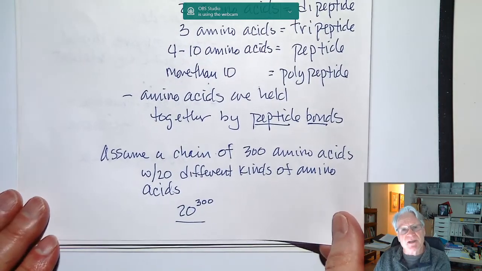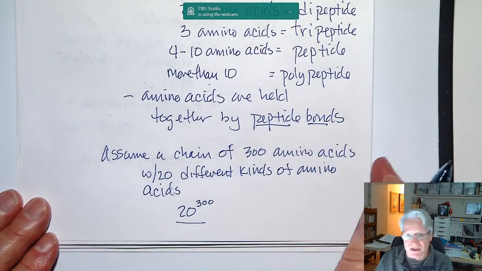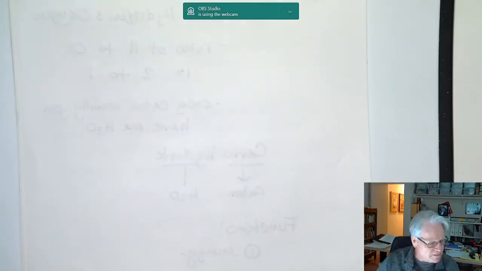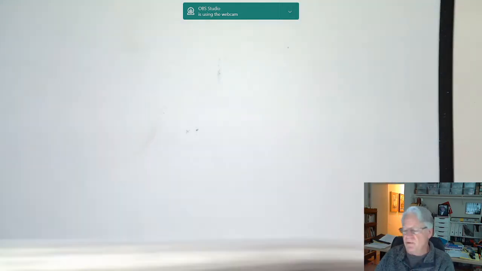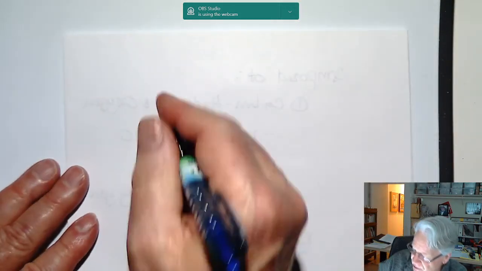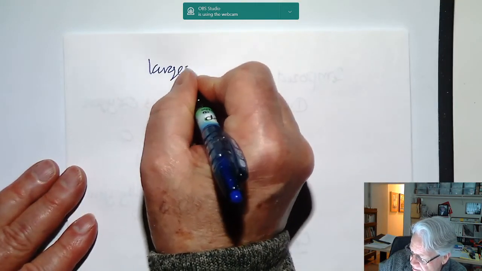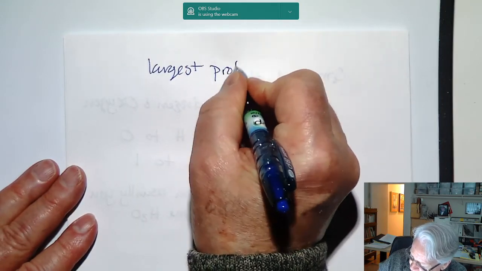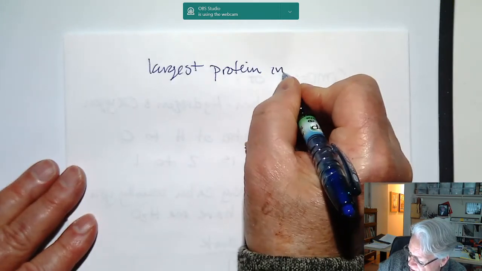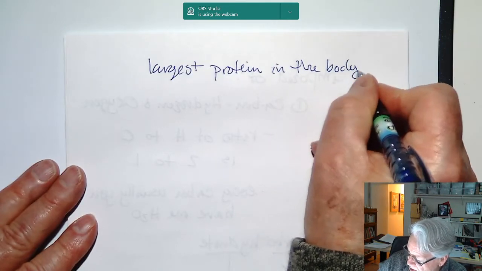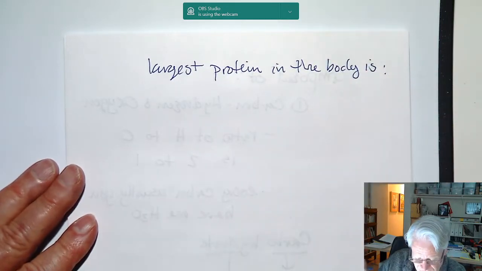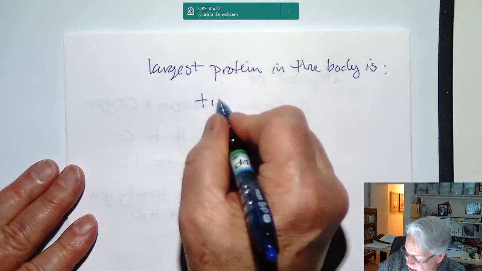The largest protein, by the way, so we talked about an average-sized protein. The largest protein we've ever found in the human body is referred to as titin, and I'm just going to give you a number here. So the largest protein in the human body is, drum roll, titin.